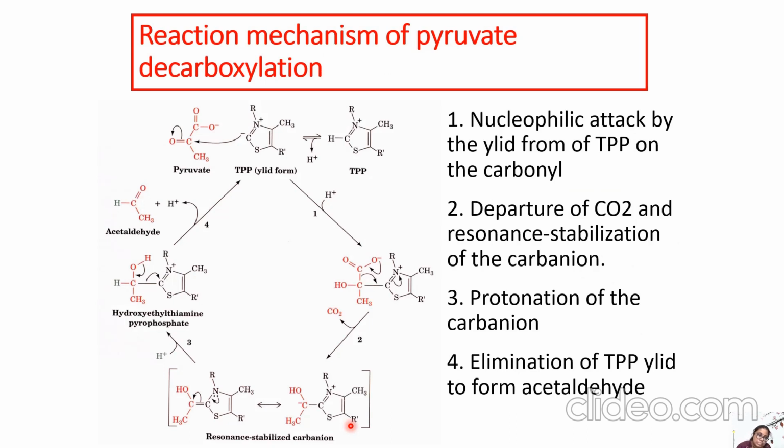So what is the reaction mechanism of pyruvate decarboxylation? Nucleophilic attack by the ylide form of TPP on the carbonyl, departure of CO2 and resonance stabilization of the carbanion, then protonation of the carbanion and elimination of TPP to form acetaldehyde.